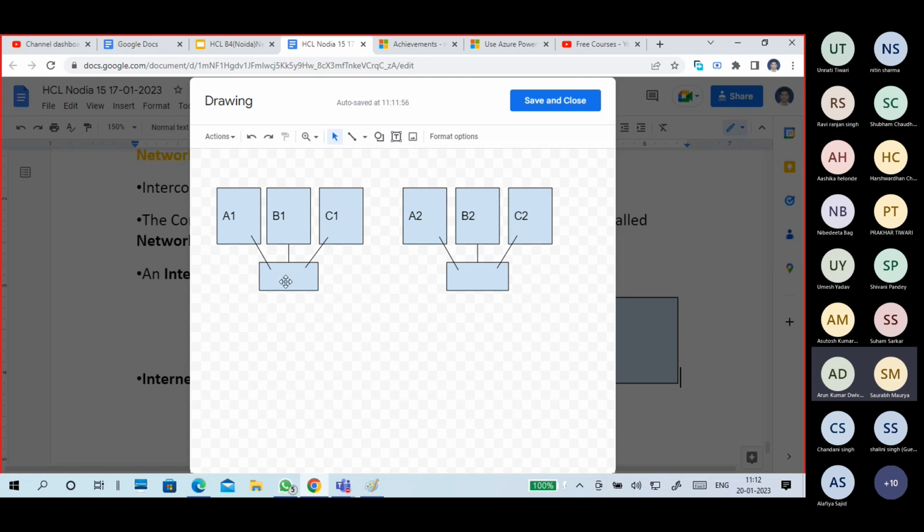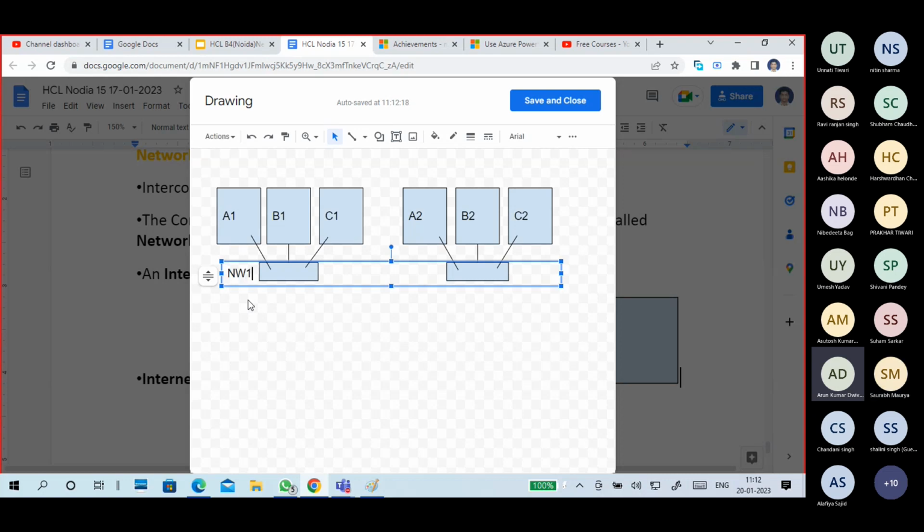So this is one network. This is another network. Think of this as network one. Just for our understanding, guys, I didn't tell you before, but I'm telling you here: in a LAN communication, we generally use a hub or a switch.